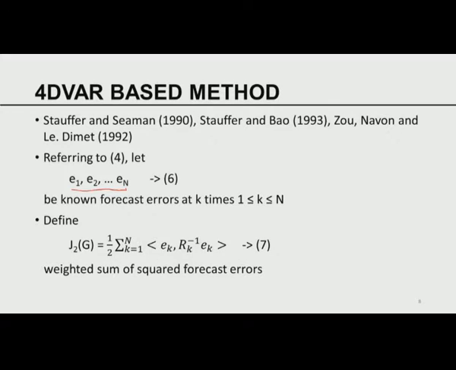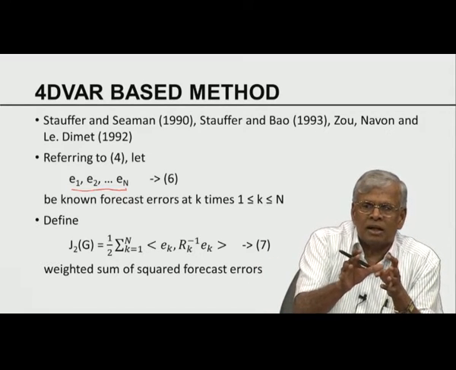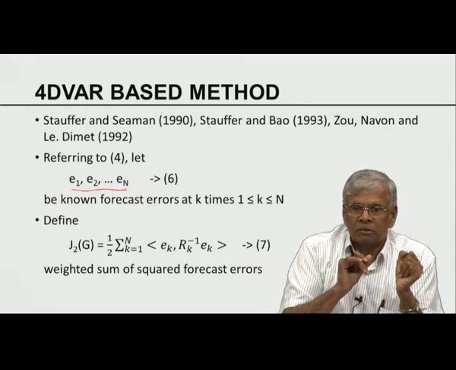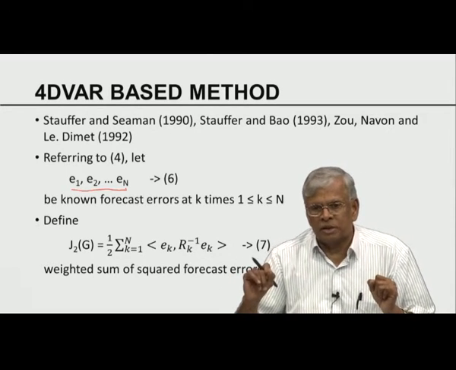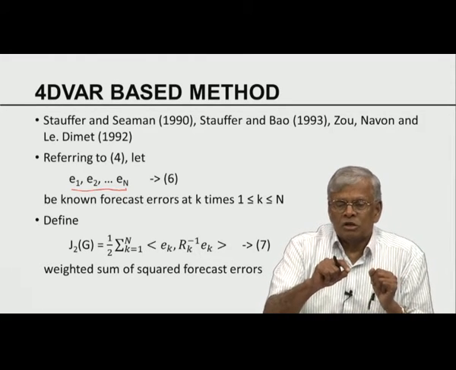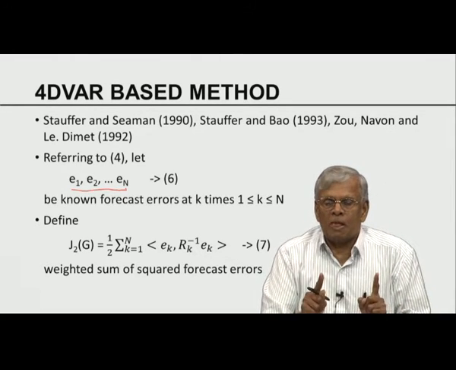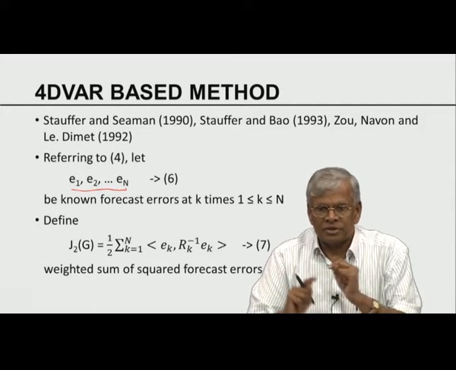So in other words, you can see the 4D-Var like scheme here. While the original nudging scheme involves essentially adding a forcing to the model and letting the model evolve, these people coming from the 4D-Var methodology, their aim is to be able to design the optimal G. So they are doing an offline experiment. What is the goal of this offline experiment? Let us pretend that there are n observations.